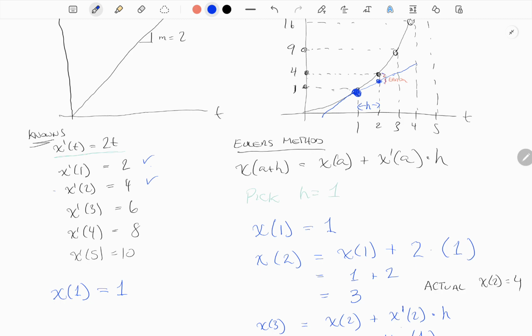So you can see we took this blue point and we're using the slope here, this slope, but we're taking that slope and putting it right here.